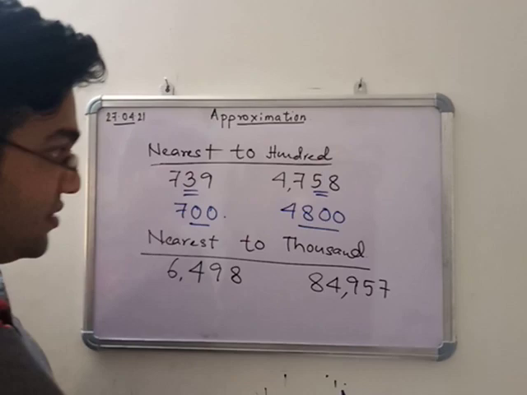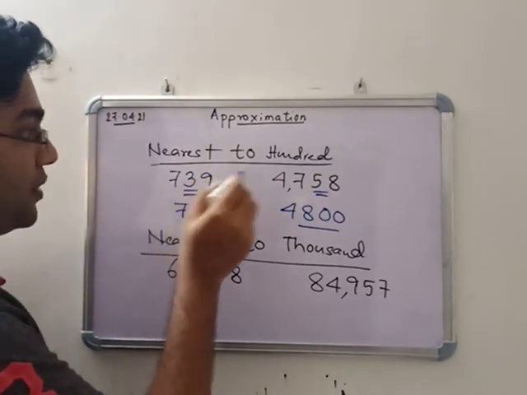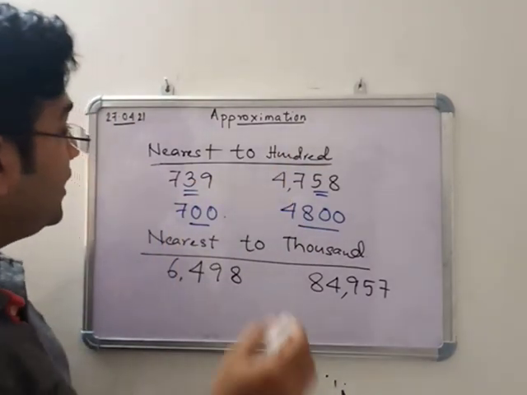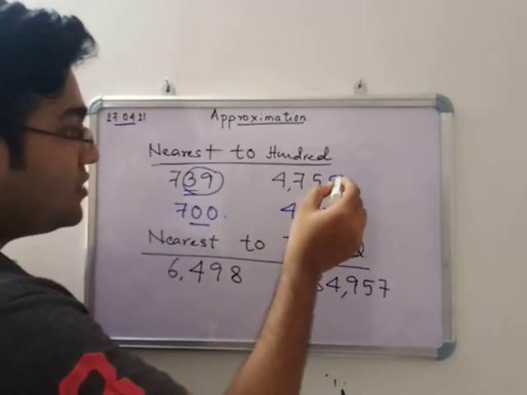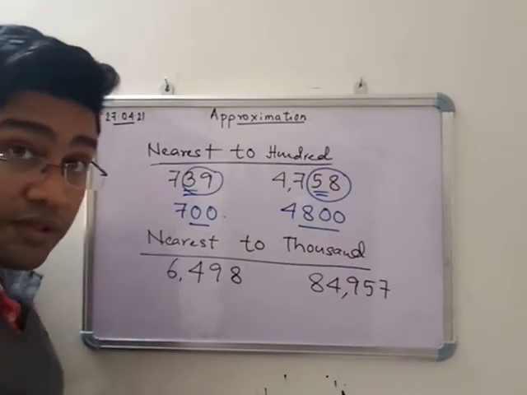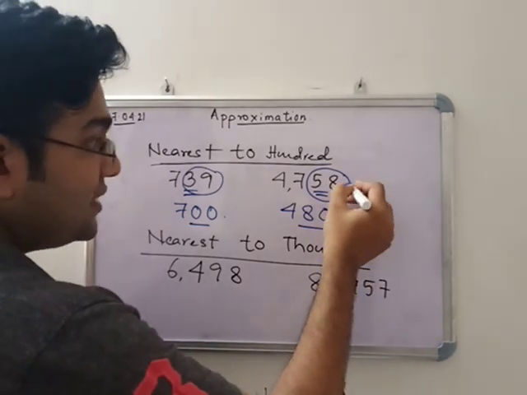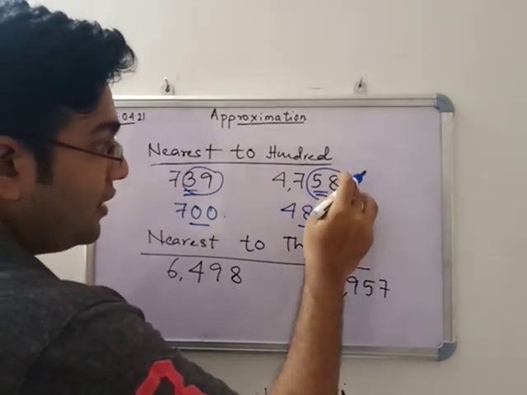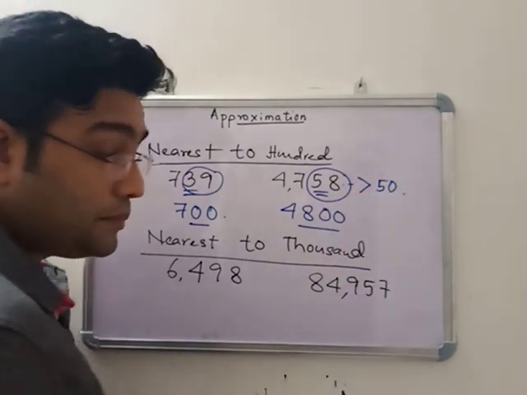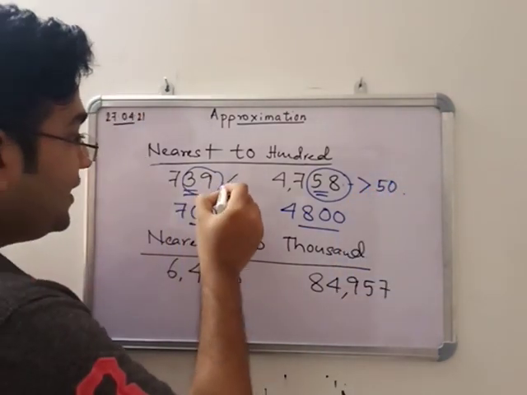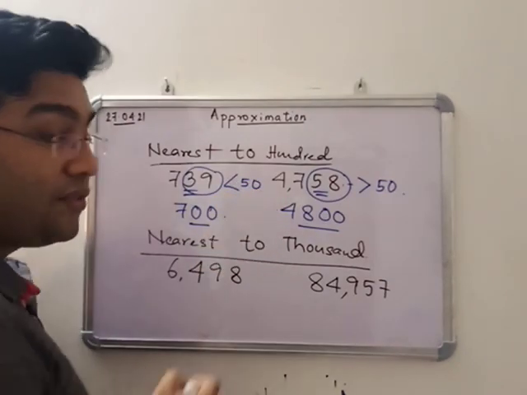Another trick is to check the last two digits for the nearest 100. The last two digits are 39 here and 58 there. 58 is greater than 50, and 39 is less than 50.